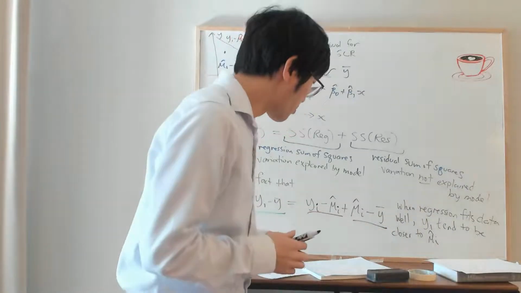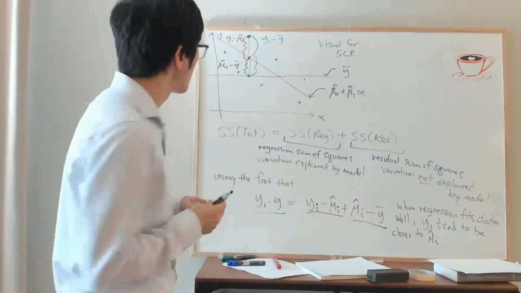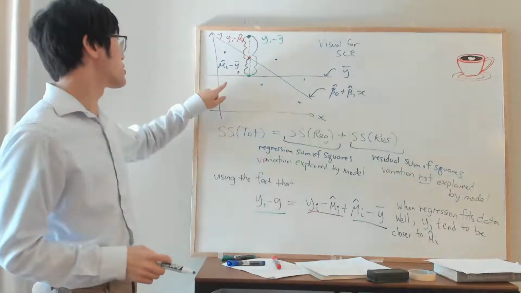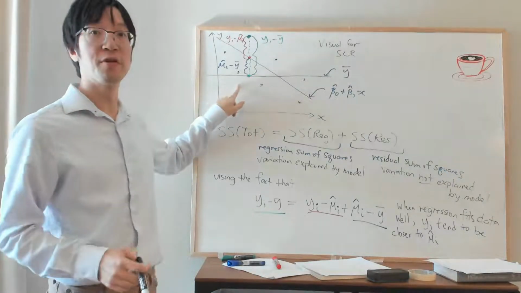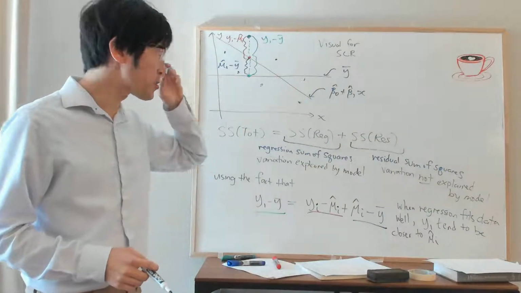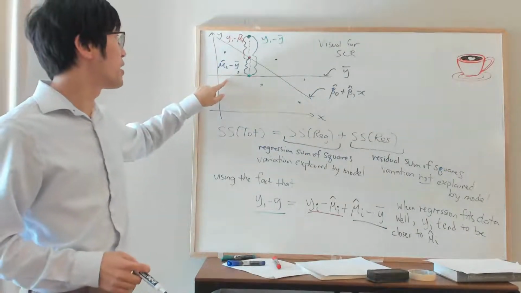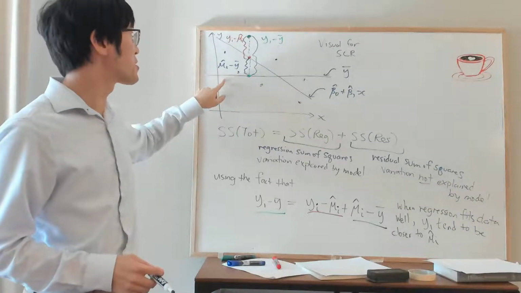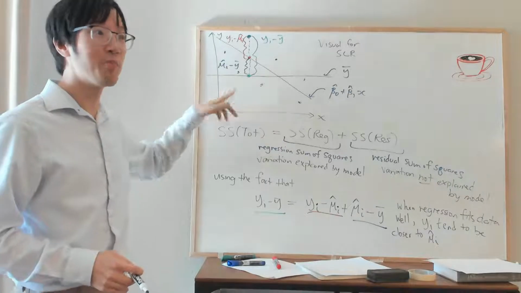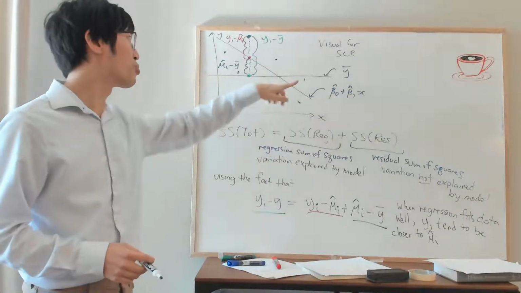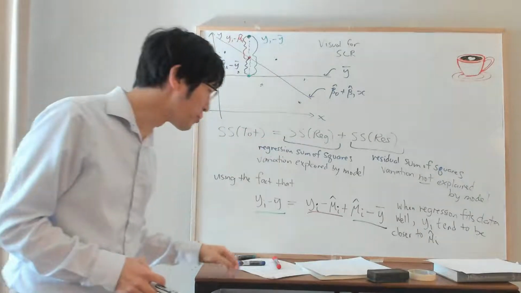Okay, and so in fact, one other observation here is, what is the equation of this horizontal line? Well, in the simple linear regression case, this is simply a line of slope 0. So our estimate of beta 1, beta 1 hat, the slope, is 0.